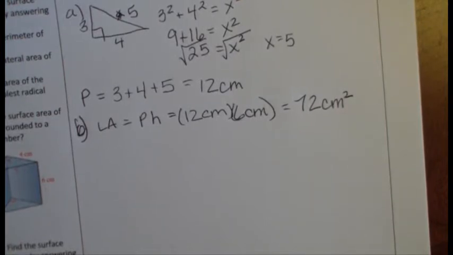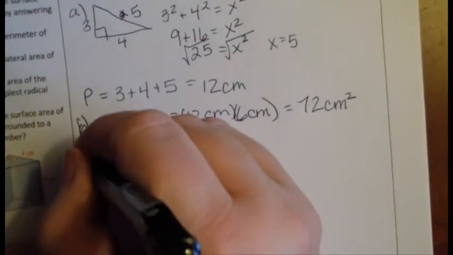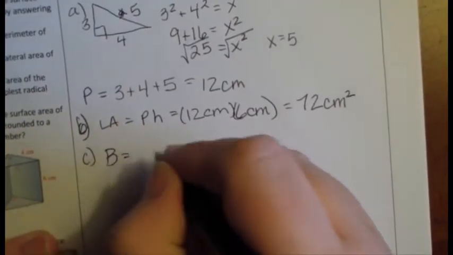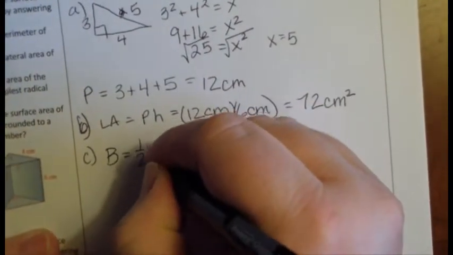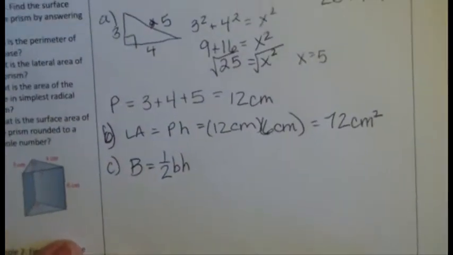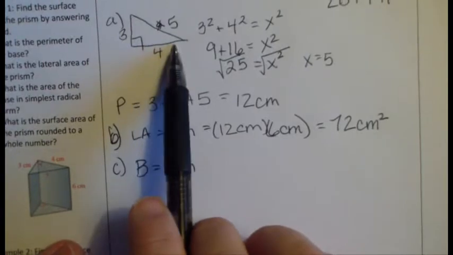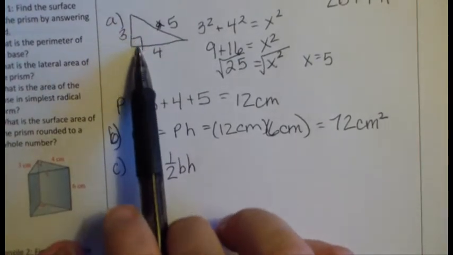Part C says what is the area of the base in simplest radical form. So our base is a triangle, which means our formula for the base area is 1/2 base times height. 3 and 4 make up the base. Well, the base, I guess we could say, is 4, and then the height would be 3.